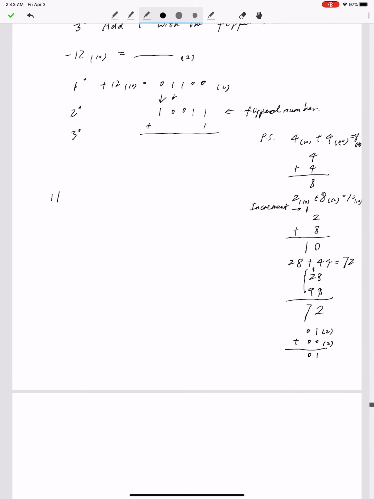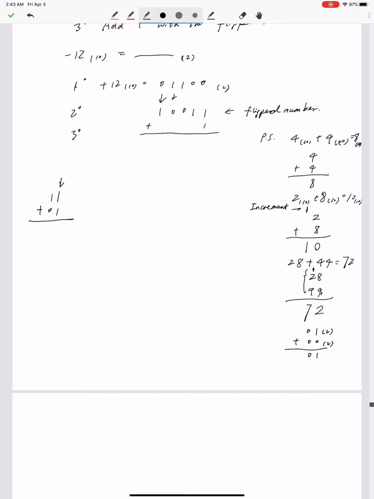When you do 1, 1 plus 0, 1, when you do this summation, the first position is 1 plus 1. In binary numbers, the largest value of a digit is 1. Just like in decimal numbers, the largest value of a digit is 9.